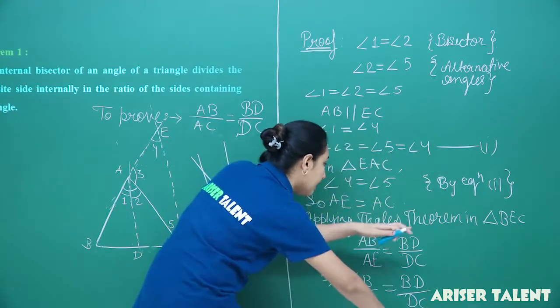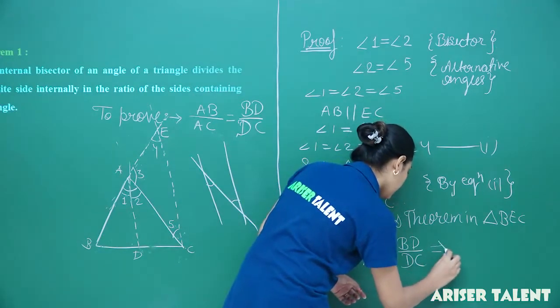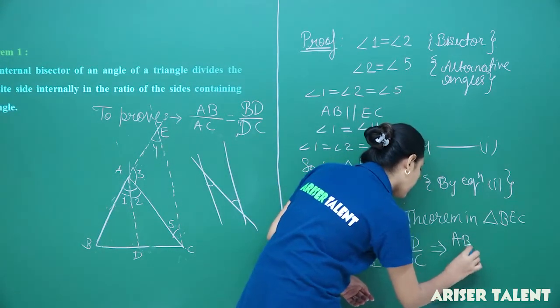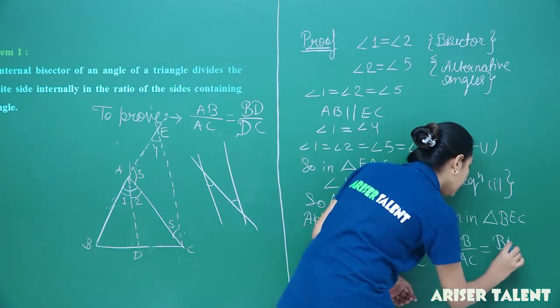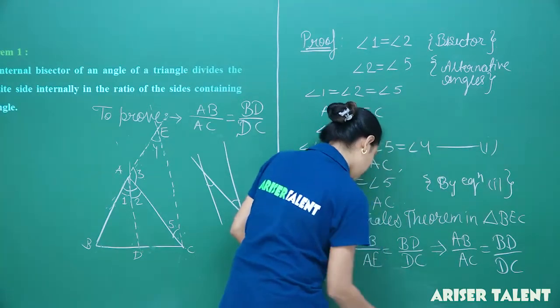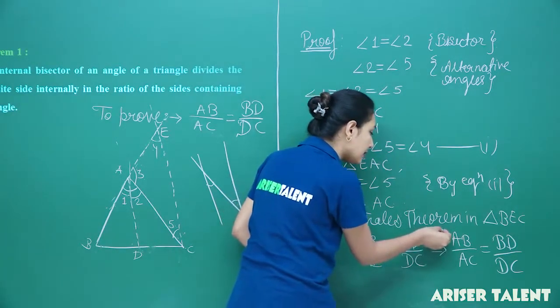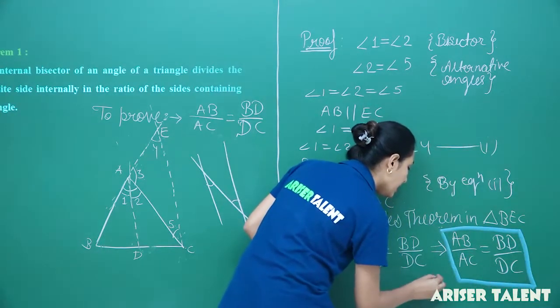Okay, so let me write here for you, so that implies AB by AC, AC in place of AE, and again BD by DC. Okay students, so as you can see, this is our required result. So hence proved.